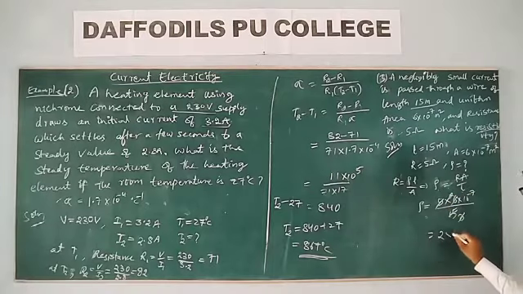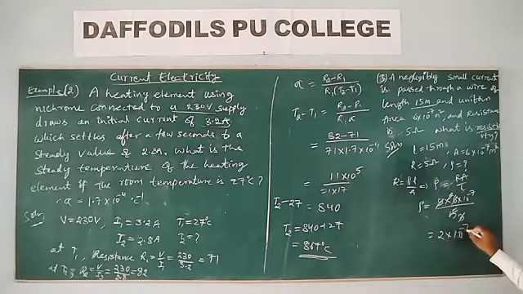That is equal to 2 into 10 power minus 7 ohm meter, which is the resistivity of the wire.